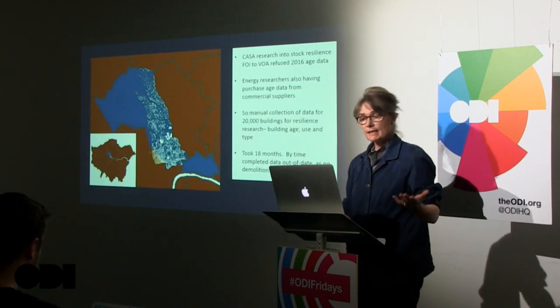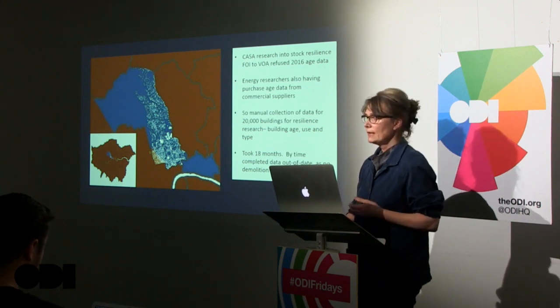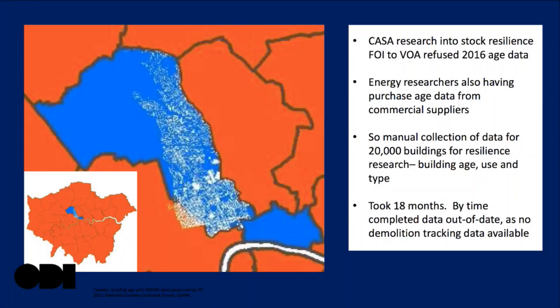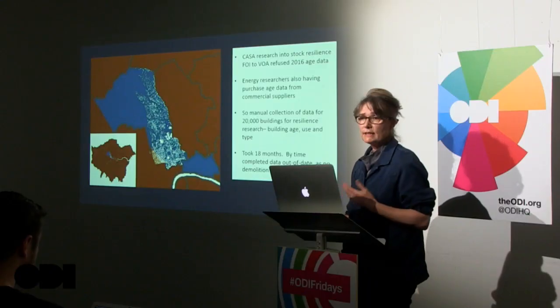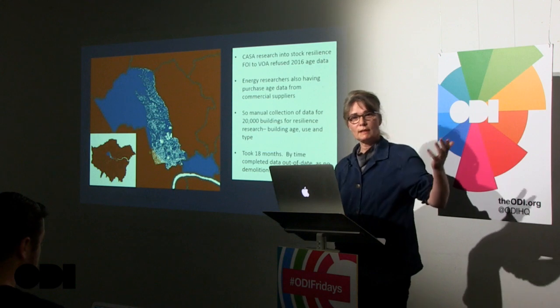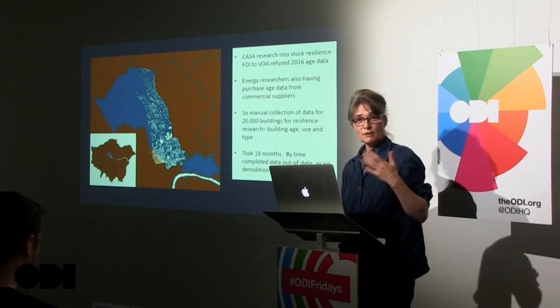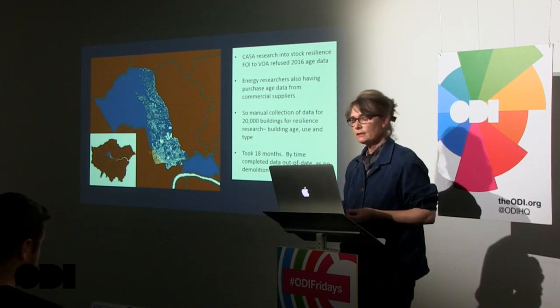Because we couldn't access these data, we put in a Freedom of Information Act request to the VOA just for age data for Camden for a government-funded research project, which was refused on the grounds of privacy. Because of this, and also at the same time, energy researchers are purchasing, for example, age data from commercial suppliers, even though obviously you've got expert specialists in historic buildings who really have detailed information.